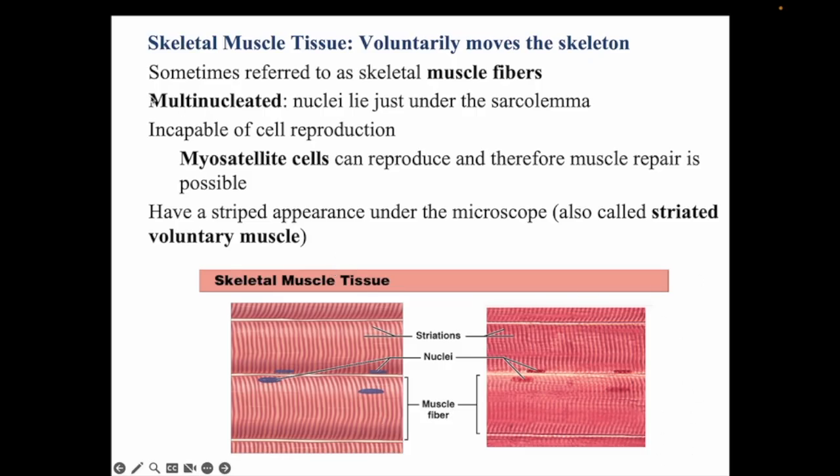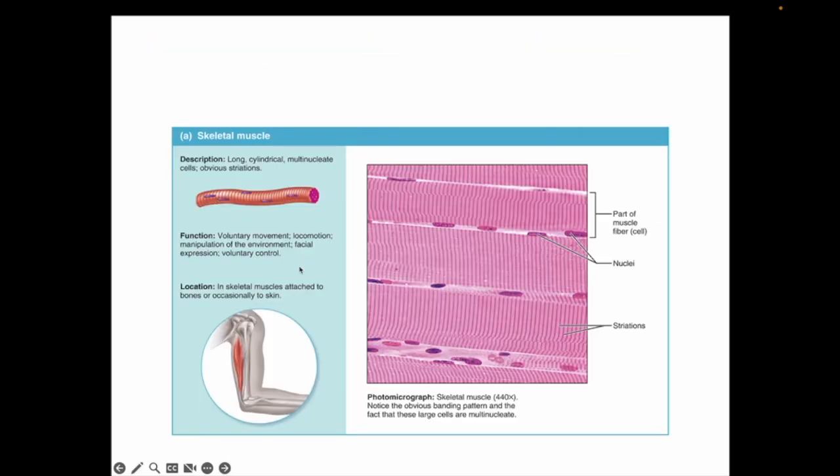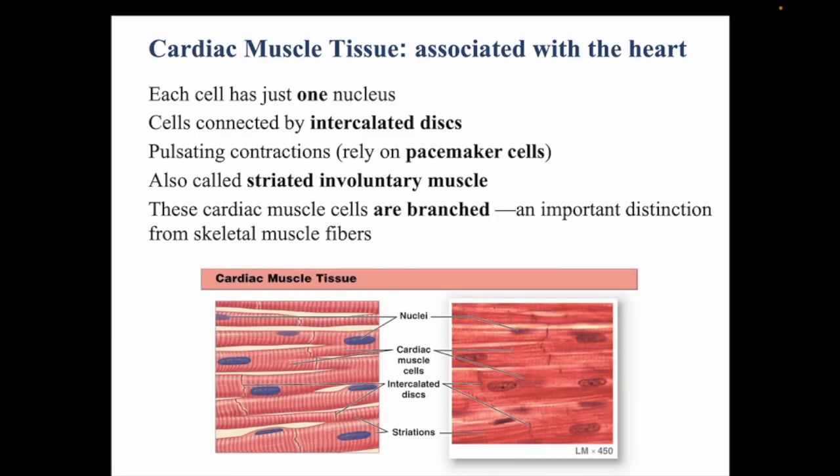Okay, so think about criteria: multinucleated and the striped appearance. The cardiac muscle only has one nucleus. It has certain stripes, but they are separated by intercalated discs.